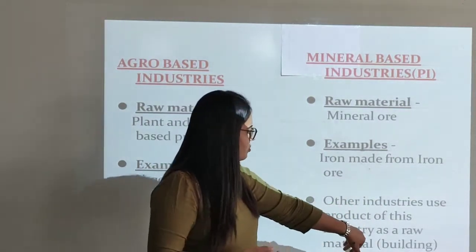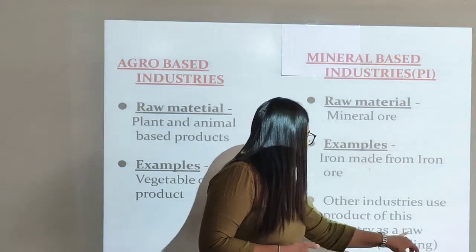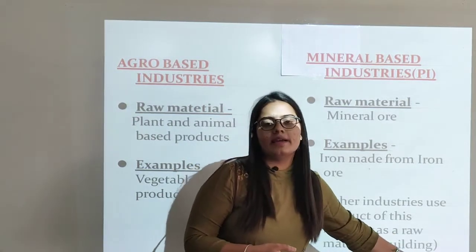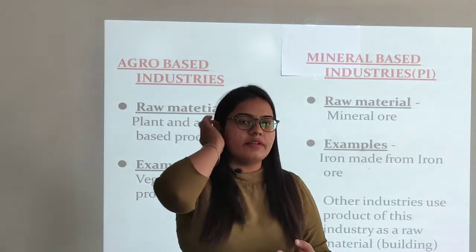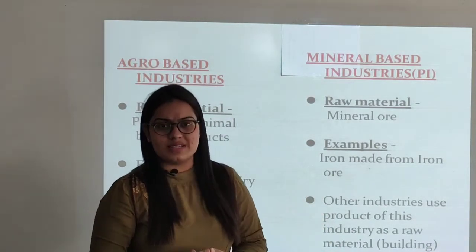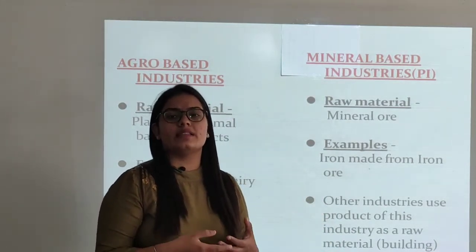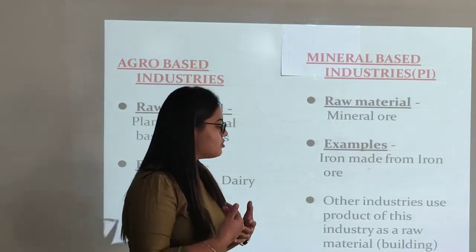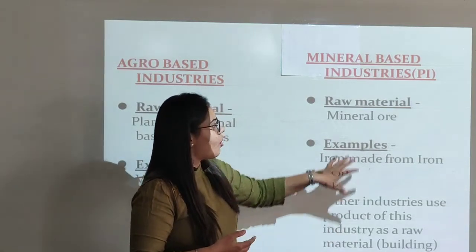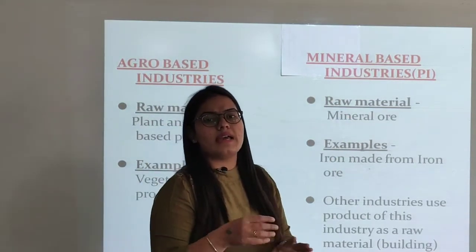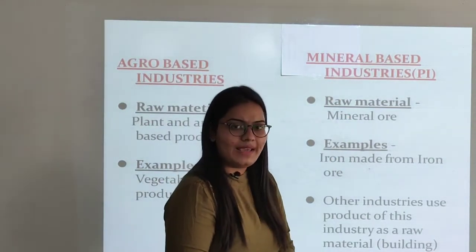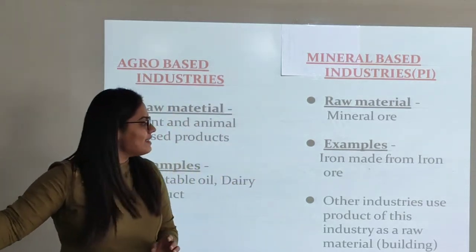Other industries use the product of this industry as a raw material. Example, building. For the construction of a building, the secondary industries need iron, wood and other material. So they take the raw material from this industry and use it as a final product in the building construction.